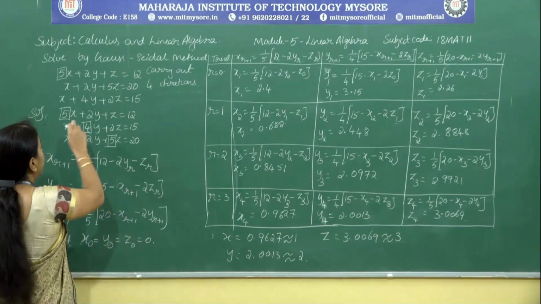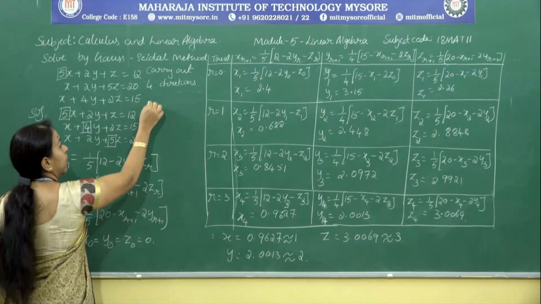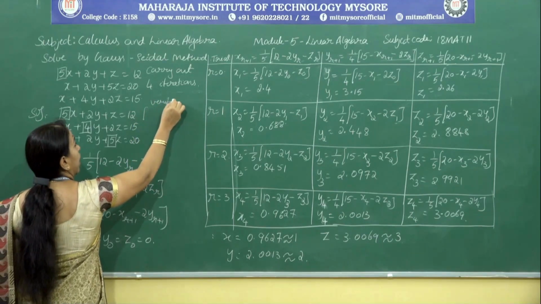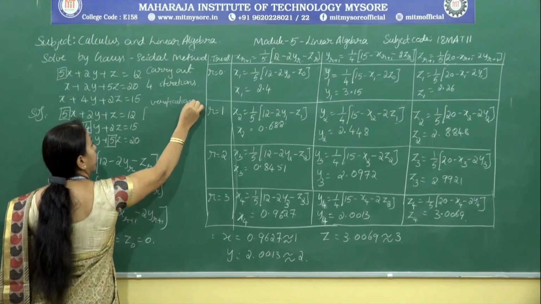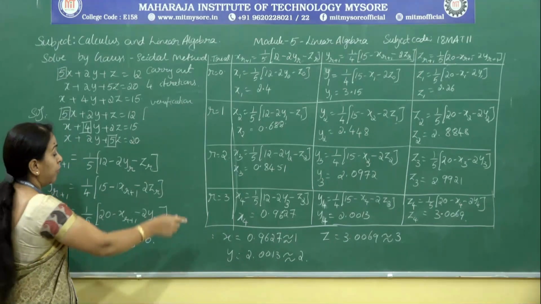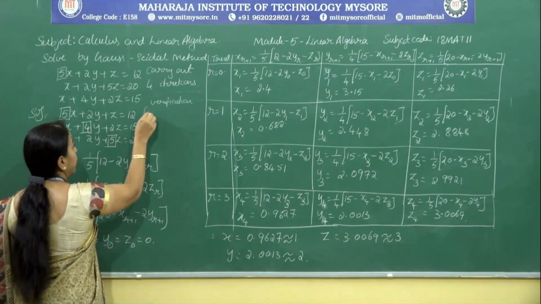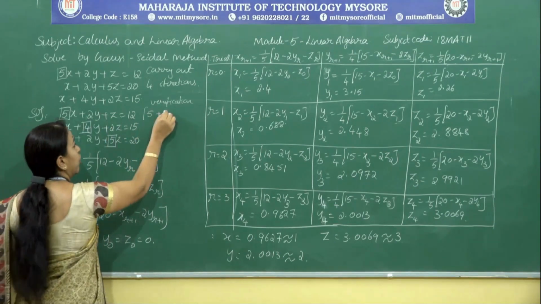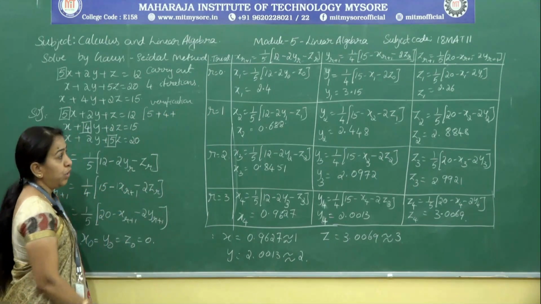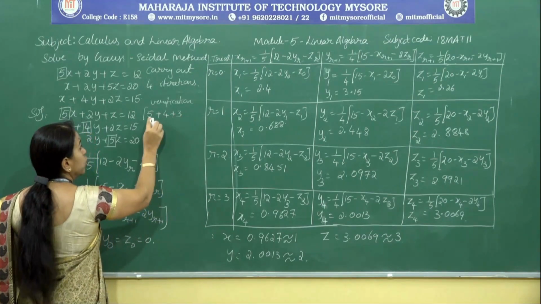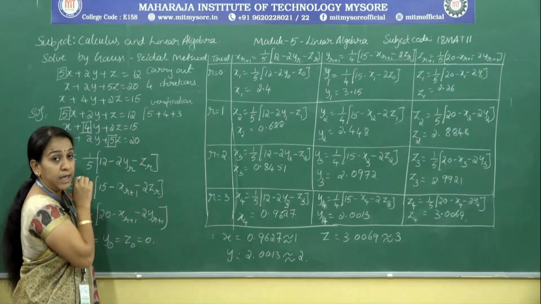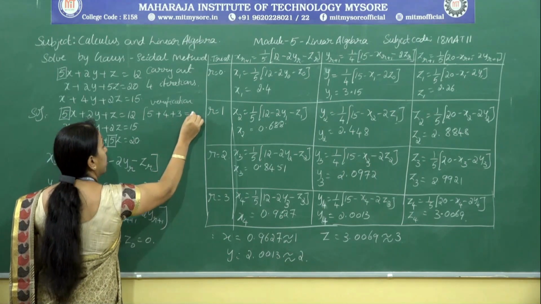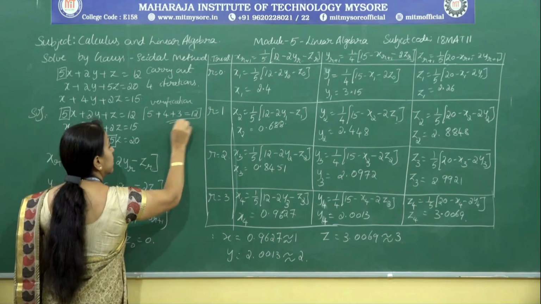This is the verification part. If I put x equal to 1, 5 into 1 is 5, plus y equal to 2, so 2 2s are 4, plus z equal to 3. So 5 plus 4, 9, 9 plus 3 equal to 12, so your answer is correct.